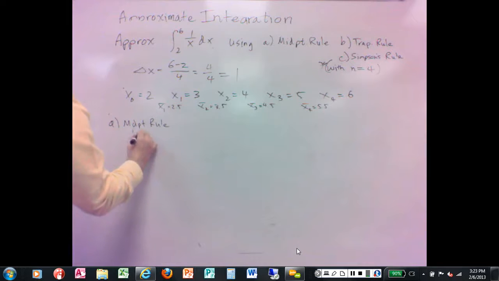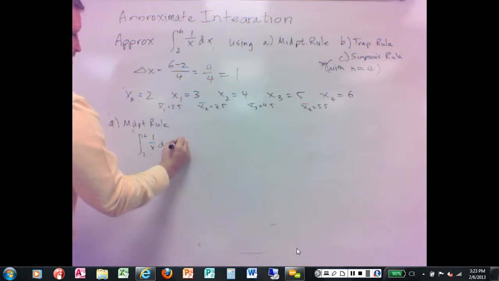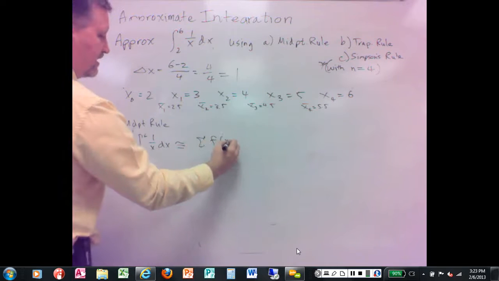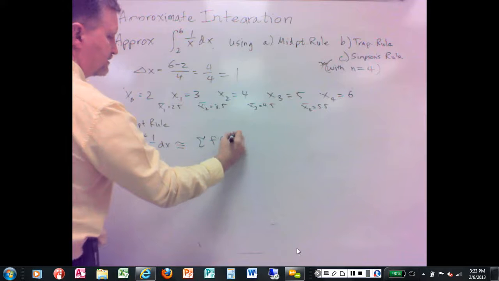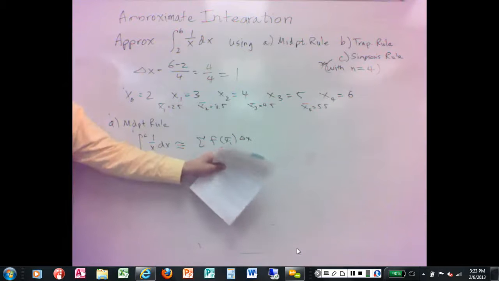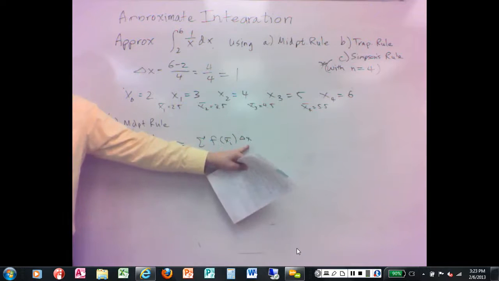And so in the midpoint rule, we just wrote that out. The integral from 2 to 6 of 1 over x dx is approximately the sum of all the f of x sub i bars times delta x. The point is, you're not dividing delta x by 2 or 3 there. It's just the f of x sub i bars times delta x.